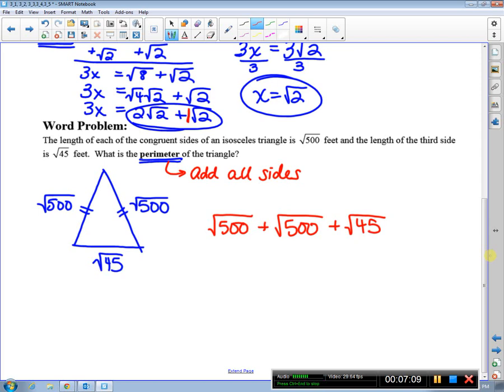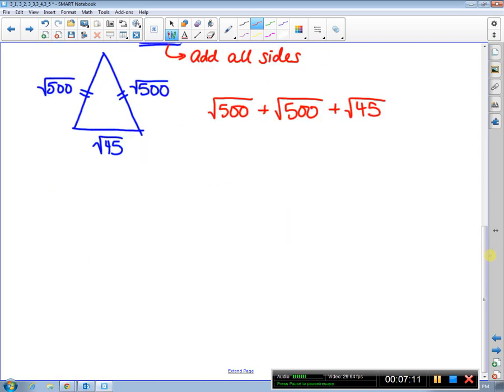Some simplification is needed. Square root of 500, let's break it down into 100 times 5. And 45 is the square root of 9 times the square root of 5.